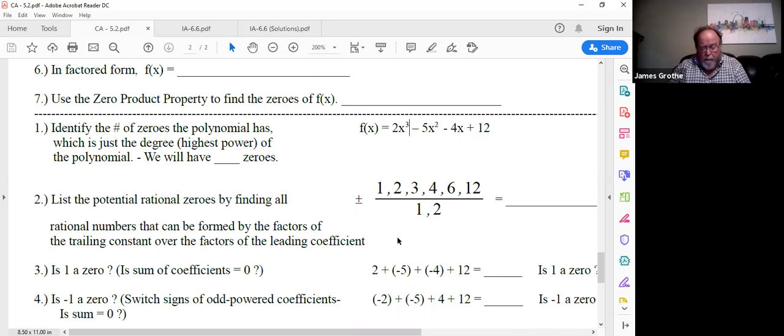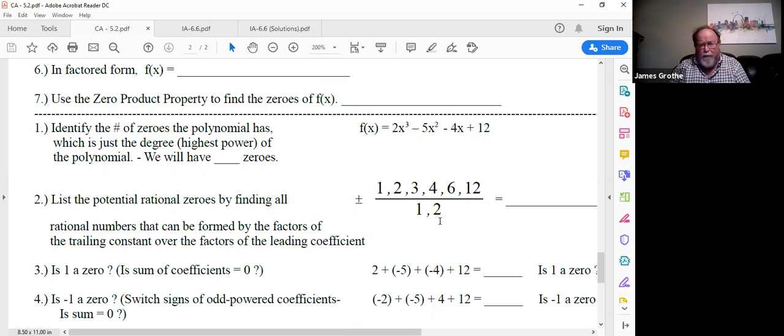You should come up with a grand total of 16 possible zeros as we put 1 over 1, 2 over 1, 3 over 1, 4 over 1, 6 over 1, 12 over 1. That'll give us 1, 2, 3, 4, 6, and 12. And then we put each of those over 2. Now some of those will be repeats. We got 1 over 2 is a half.